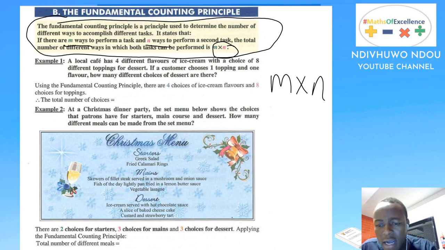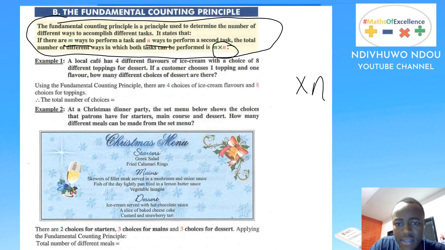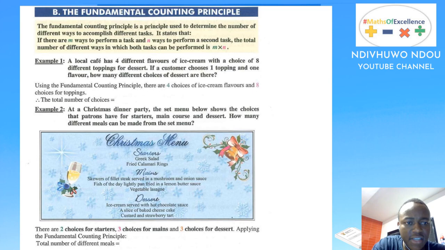Okay, I like example one that Kevin Smith used here. He used a practical example, saying a local cafe has 4 different flavors of ice cream with a choice of 8 different toppings. Let me just highlight this.